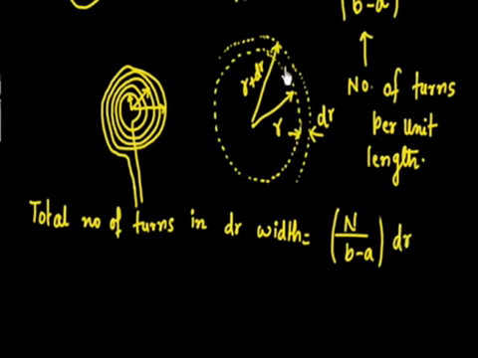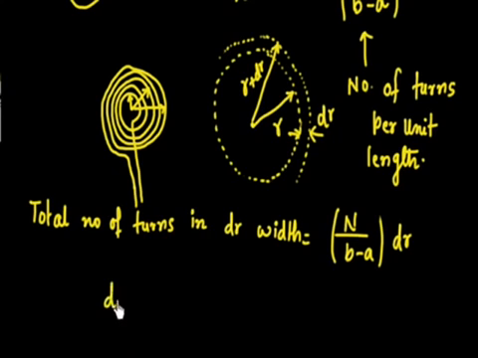Now I can assume all these turns are kept at a radius of r, because this dr is very small. So there are many turns in this width. Due to all these turns, the magnetic field at the center can be simply given as mu naught I by 2r.